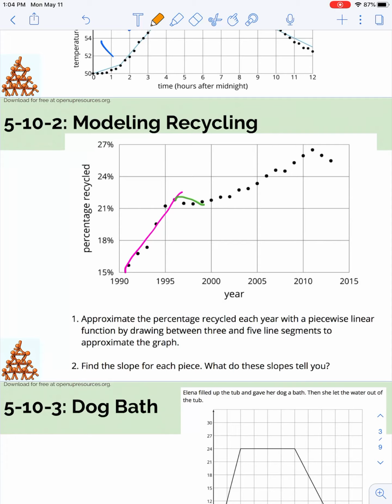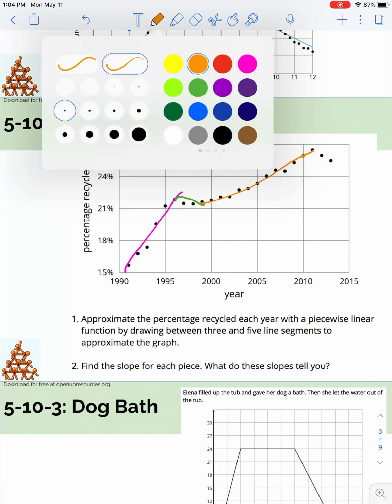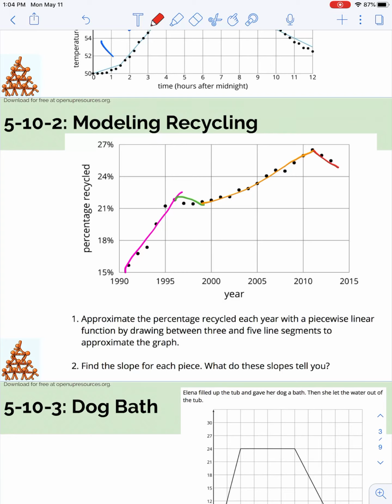So kind of like this, more or less, to here. And then it goes down like that. Actually, let's make this a different, easier color to see. Down. Okay. So that's what I would draw for the pieces. Piecewise just means in pieces, by the way.